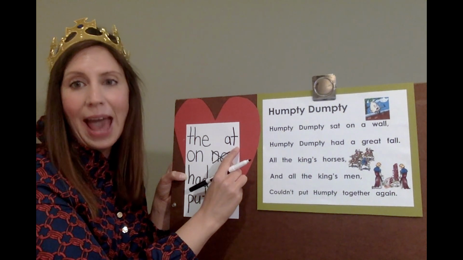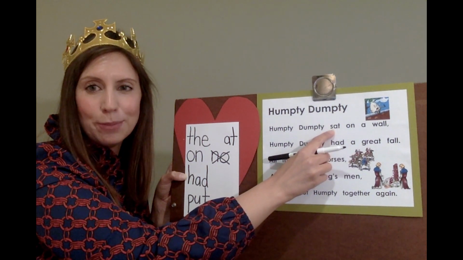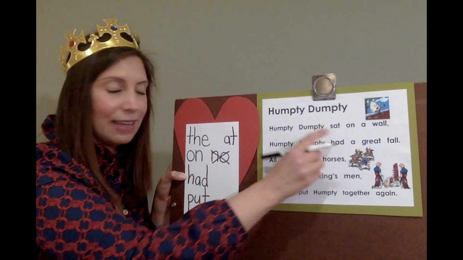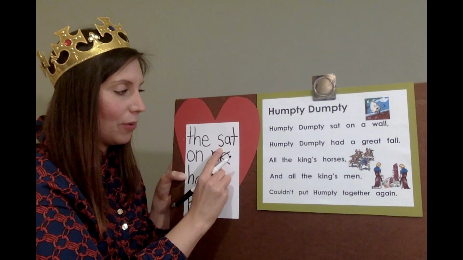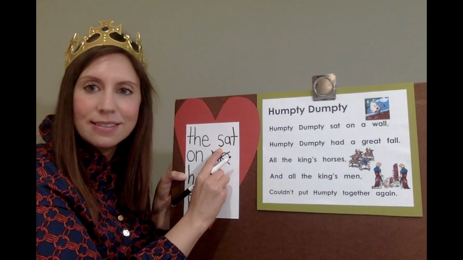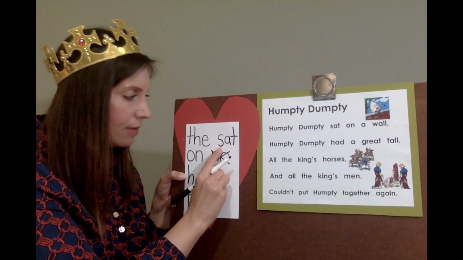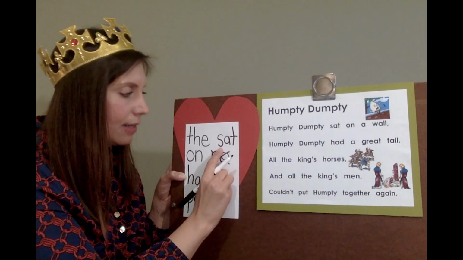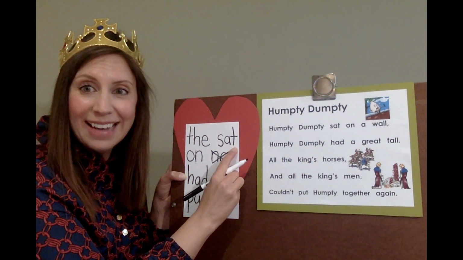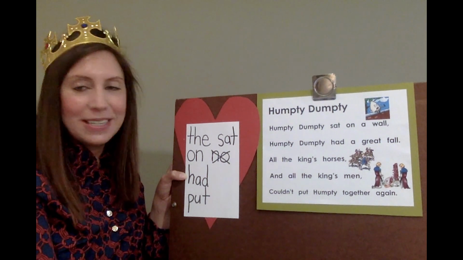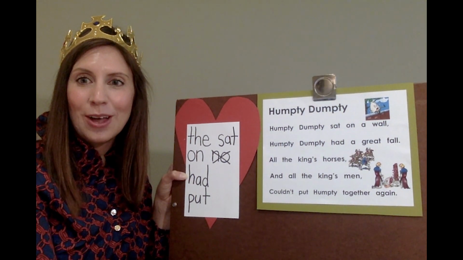I know the word at by heart, but this word has a letter before at. It's the letter S. I know that S makes the S sound. Let's see if I can put it together. S, at, s, at, sat, sat. Humpty Dumpty sat on a wall.